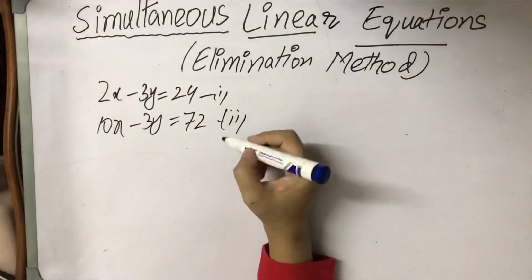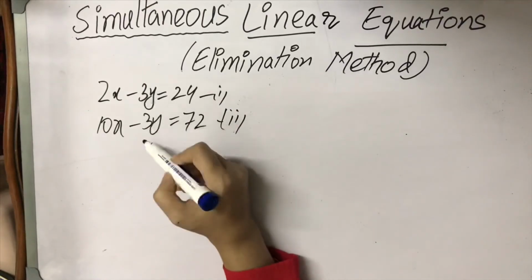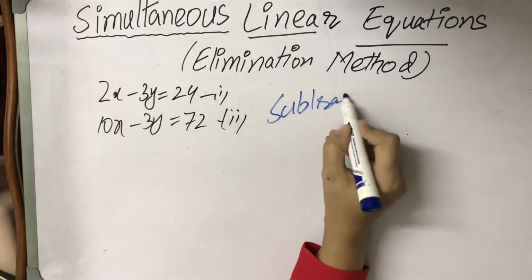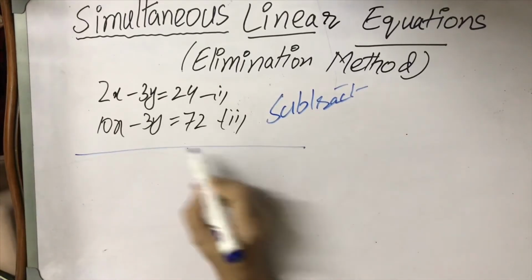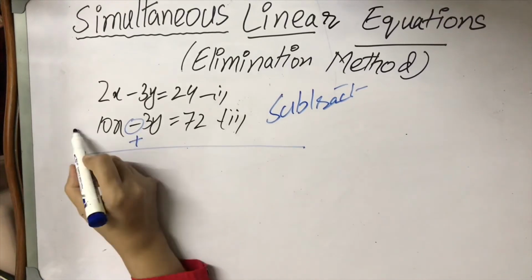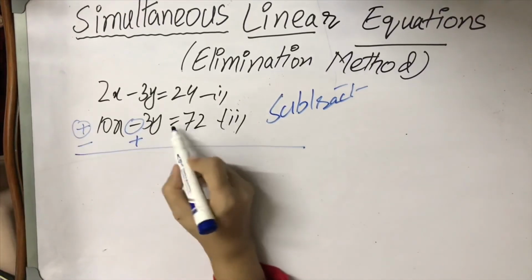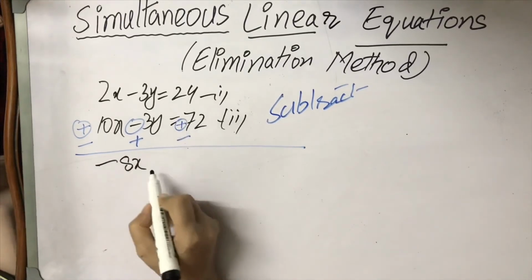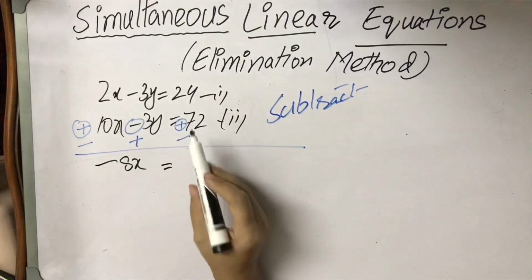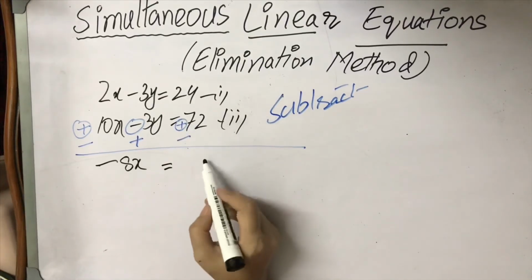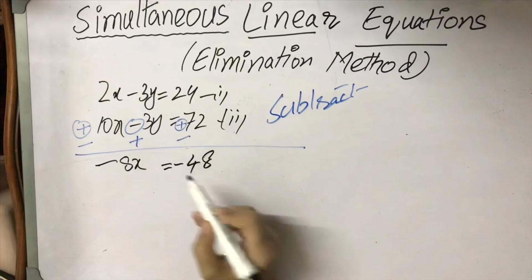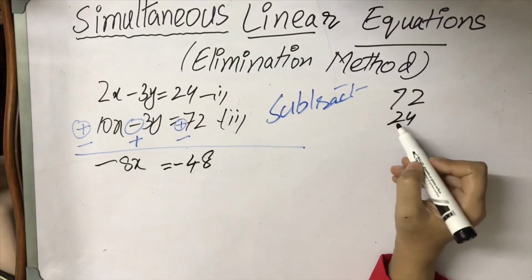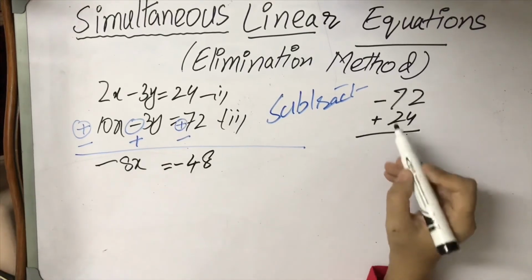These are the two equations which we have just found. Y's are same with opposite sign, so we are going to subtract. Negative 3y will become positive, positive 10 will become negative, positive 72 will become negative. We shall have minus 8x equals to minus 72, 24, minus 48. 24 is smaller with positive sign, 72 is bigger with negative sign.